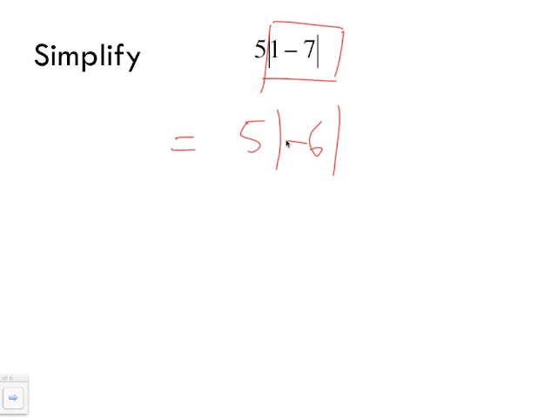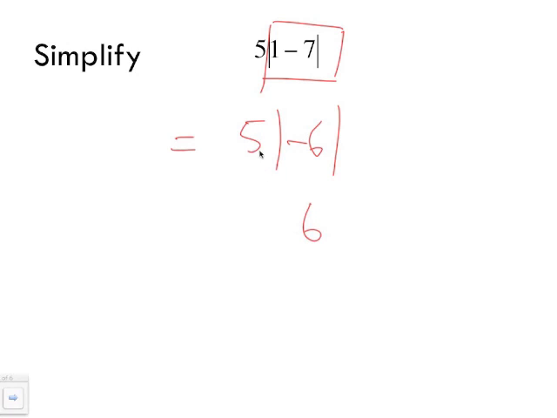We still have the absolute value symbol, but we've now got a negative 6 in it. And as we said, if there is a negative value inside these absolute symbols, then we are looking at a positive value. So in other words, this negative 6 is going to become a positive 6.